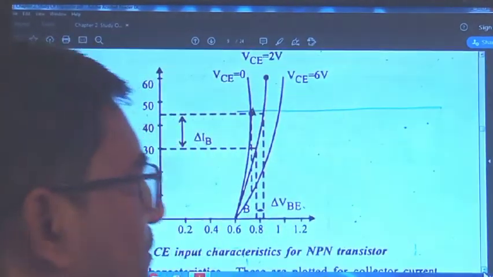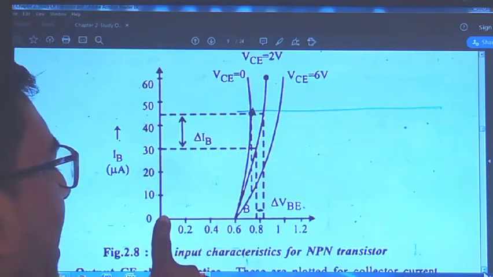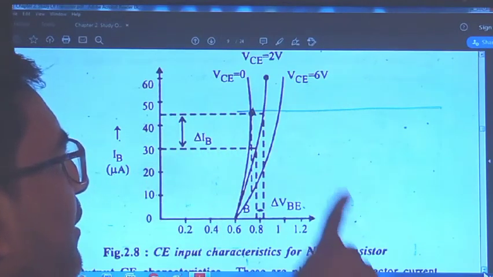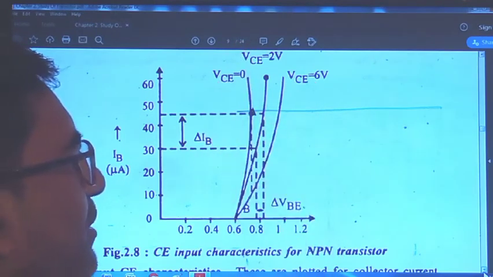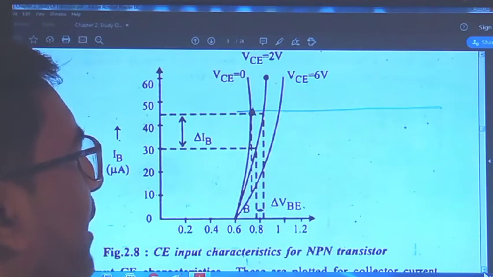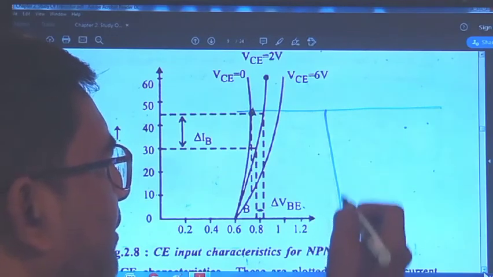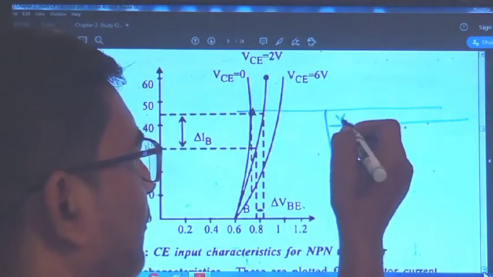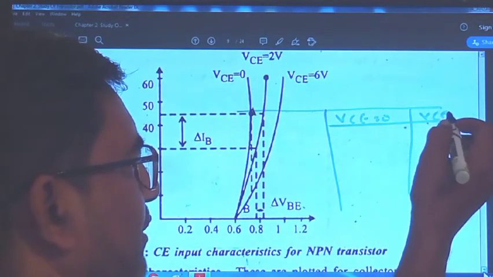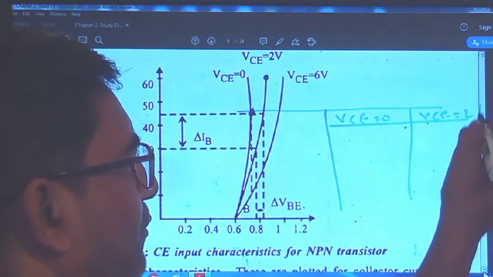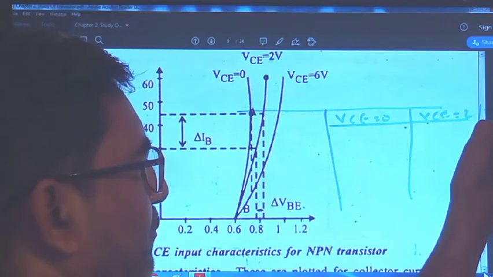This characteristic is plotted between IB and VBE, keeping VCE constant. As soon as VCE is constant, you will mark like this. Here you will be getting the chart: VCE is equal to 0, then VCE is equal to 2, then again VCE is equal to 4.